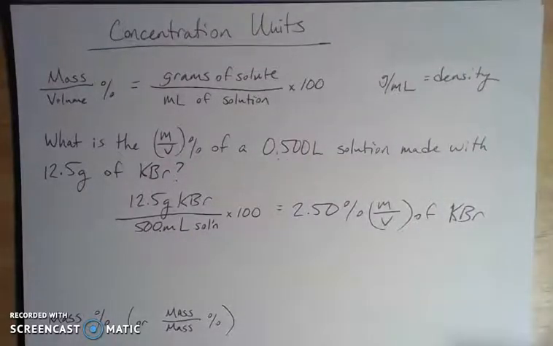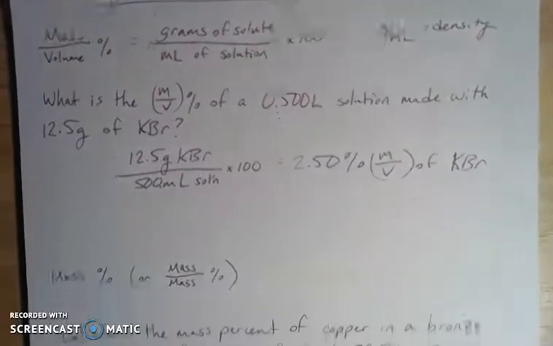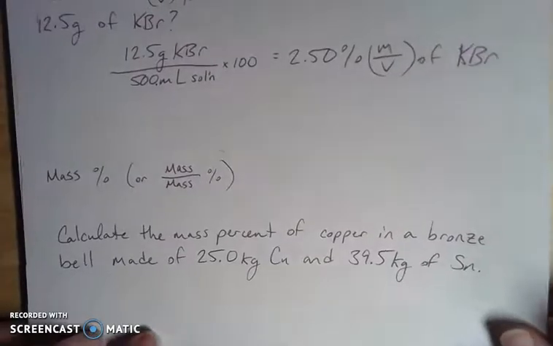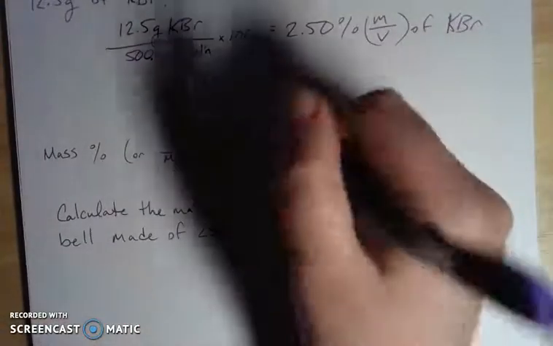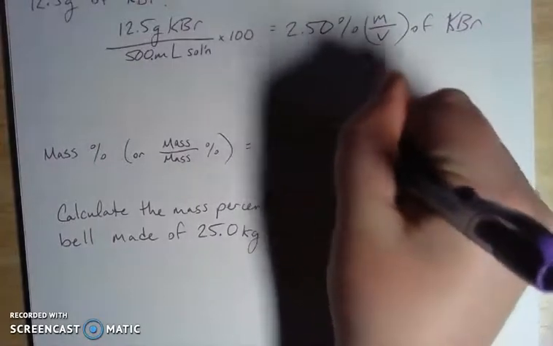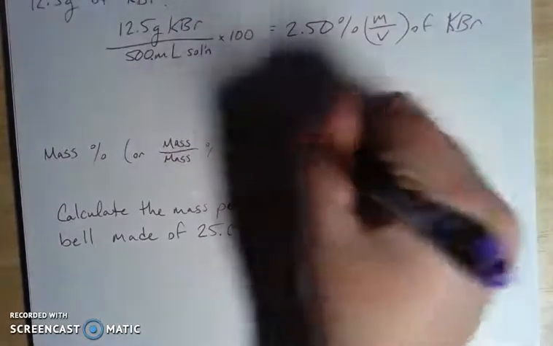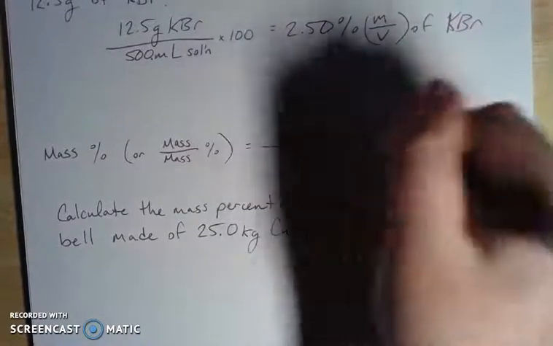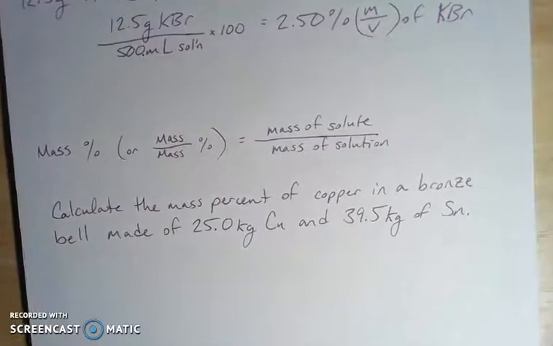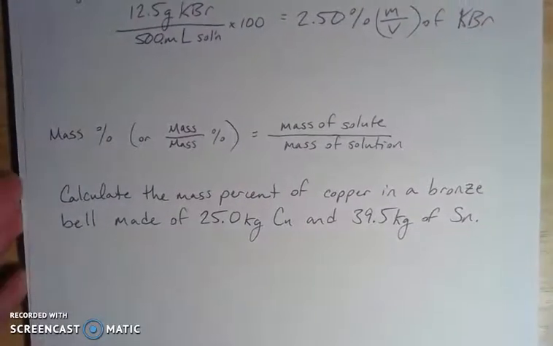Now, another one that's really useful, and we see a lot for solutions, is mass percent, or mass over mass percent. So this is a similar kind of operation. This is going to be the mass of the solute over the mass of the solution. So this is really a percentage in the way that we normally think about it, right?